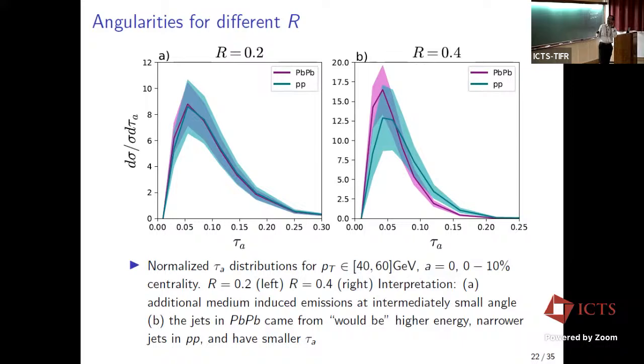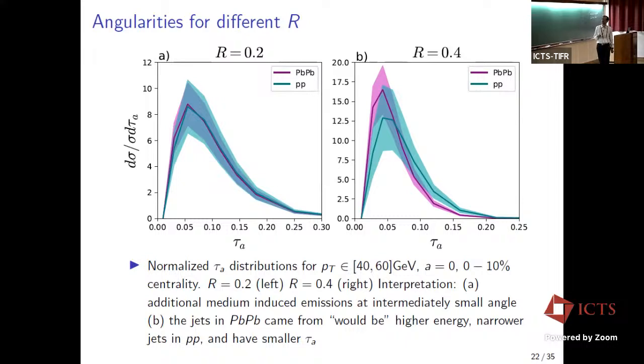And okay, you have to specify the PT range. So this is of interest to ALICE. These are ranges which are similar to what have been used in ALICE. So in this particular plot, I've shown what happens for a equals 0 and the most central collisions.